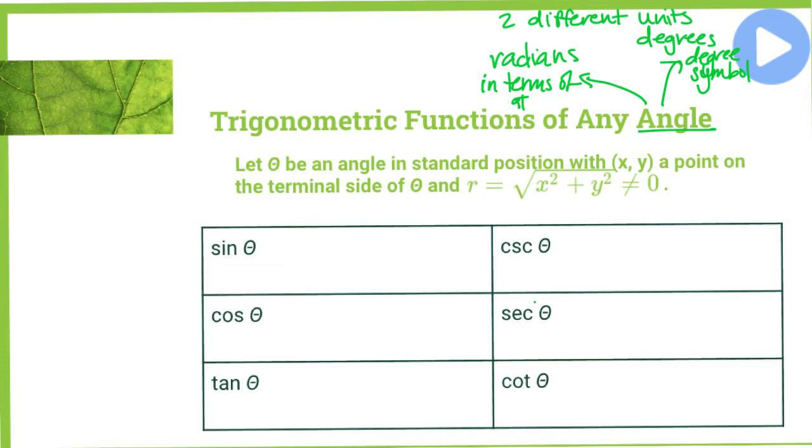So let's take a look at our ratios for our trig functions of the angle. We're going to let theta be an angle in standard position with x, y a point on the terminal side of theta. So that means we need to have a circle, and this circle needs to have a center point.